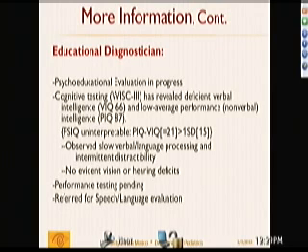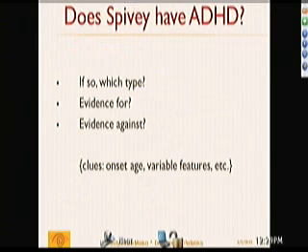We can mostly see there's the disparity and there's deficient verbal intelligence. Along with that are observed slow verbal or language processing and intermittent distractibility. No evident vision or hearing deficits, as the nurse reports as well. The performance testing is pending, and he's been referred to a speech and language therapist for evaluation.